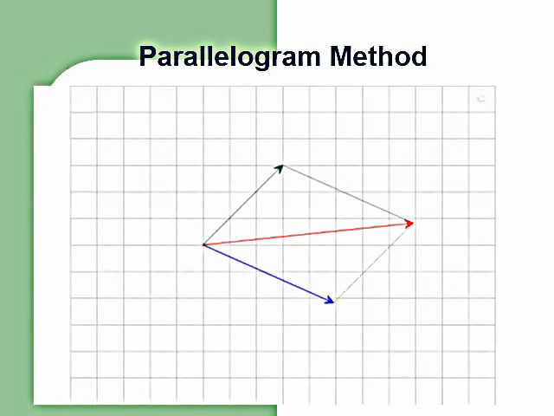So this is an alternative way of doing vectors. It's called the parallelogram method. So you have your one vector here, and another vector here. You place them tail to tail, not nose to tail, and you place them 90 degrees to each other. Okay.